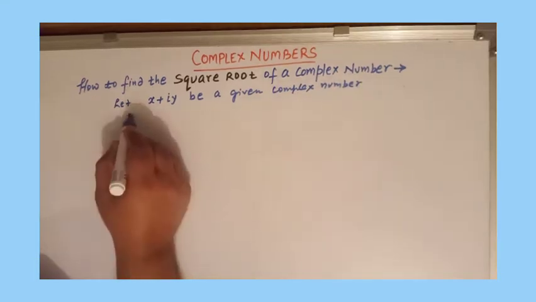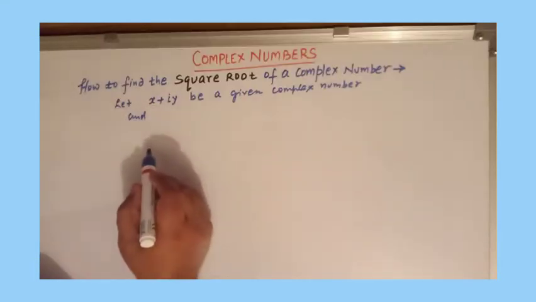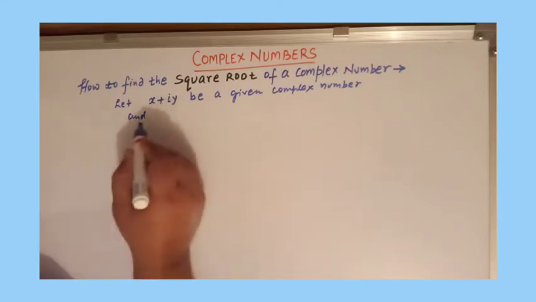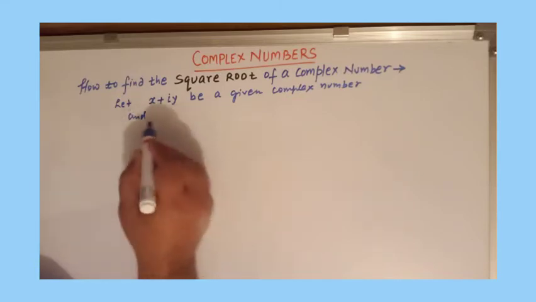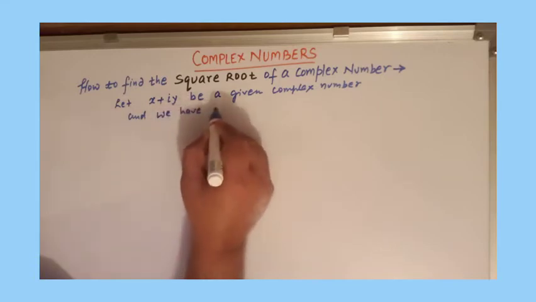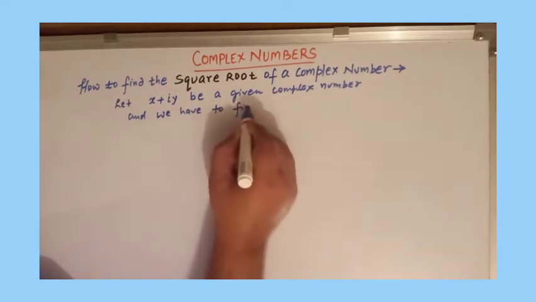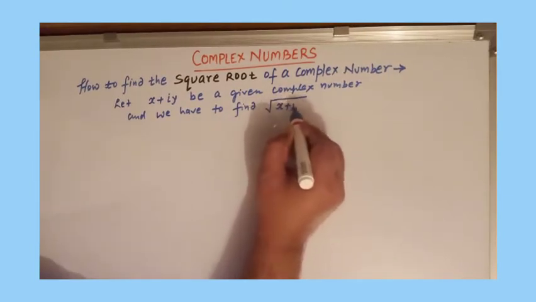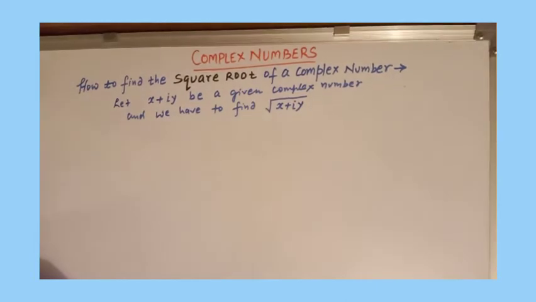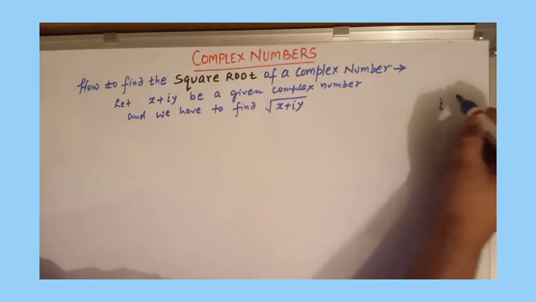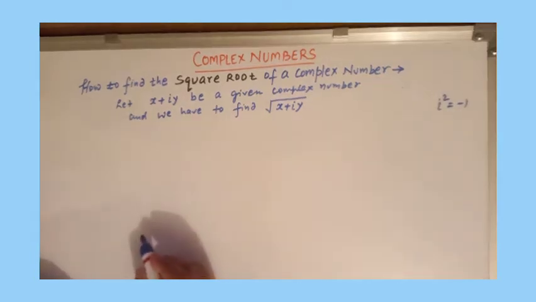And we have to find the square root of this complex number, that is x plus iota y. And viewers, we know that iota square is equal to minus 1.